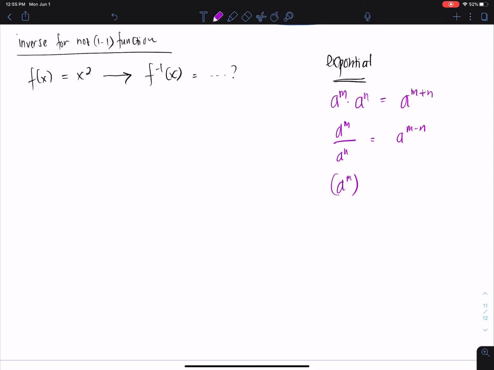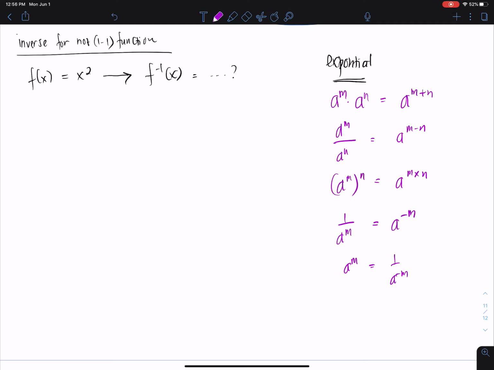a to the power of m, then to the power of n, that will be m times n. Or, if you bring it up, the sign will be minus, and the other way around, if you bring it down, the signs will be changed.